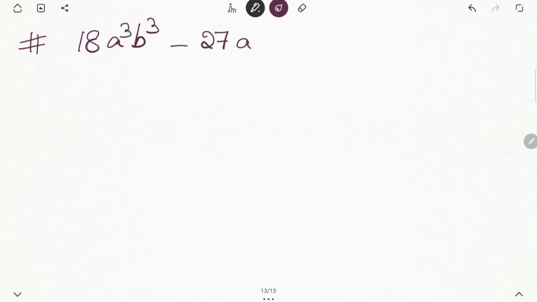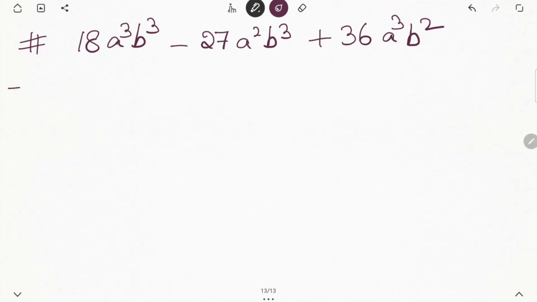Okay, let us take an example. Say, let us take here 18a cube b cube minus 27a square b cube plus 36a cube b square. Okay, so here there are 3 terms, so I have to take out common, which is common in all the 3 terms.